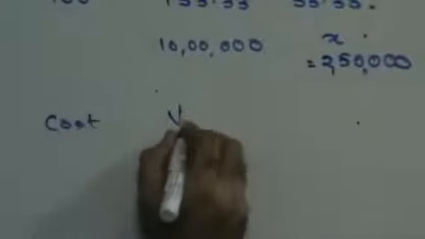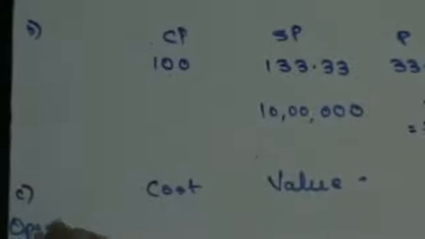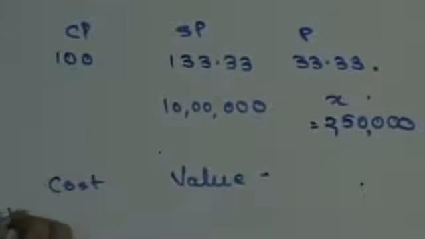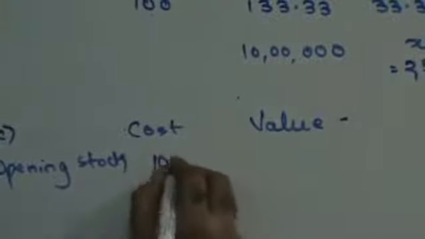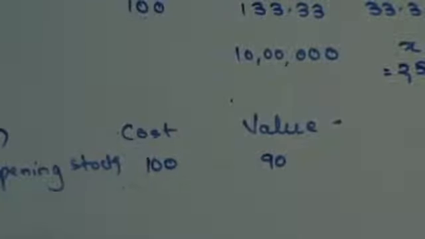Cost value. Opening stock. At the beginning means it has to be opening stock. Now they are saying that stock at the beginning was valued at 10% less than the cost. That means if the cost price is 100 rupees, it is valued at 10% less than that. That means it is valued at 90.